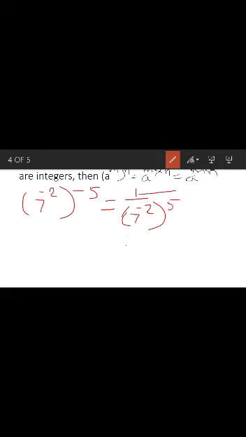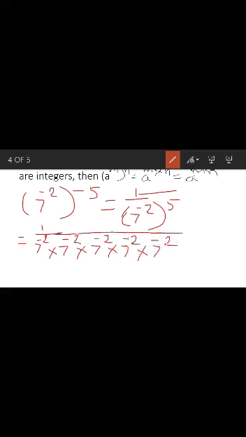It will come like this. Now we need to solve it. 1 upon 7 raised to minus 2 multiplied by 7 raised to minus 2 multiplied by 7 raised to minus 2 multiplied by 7 raised to minus 2 multiplied by 7 raised to minus 2. Okay, 5 times it will come.